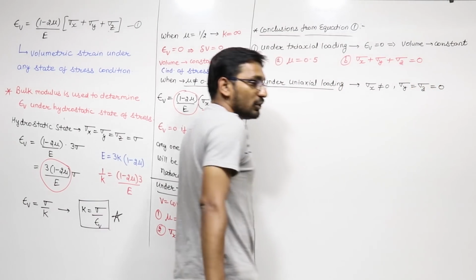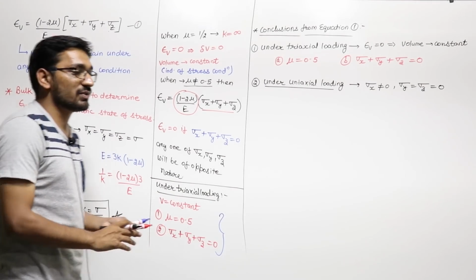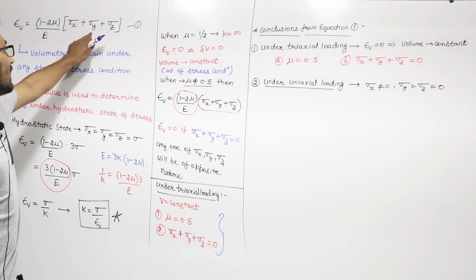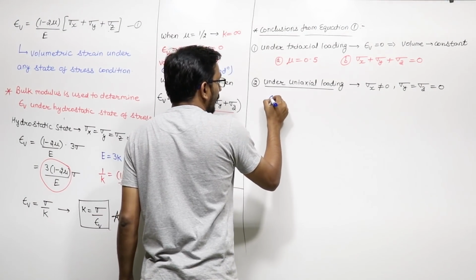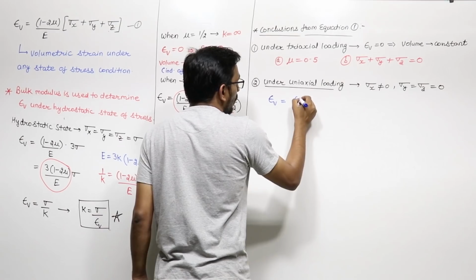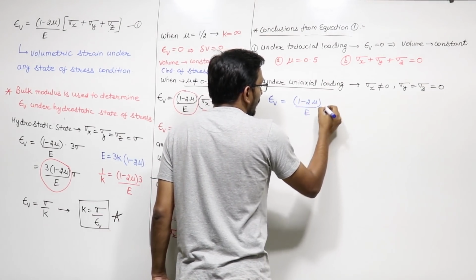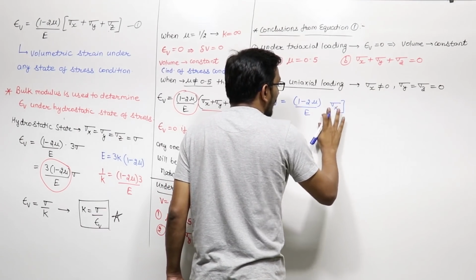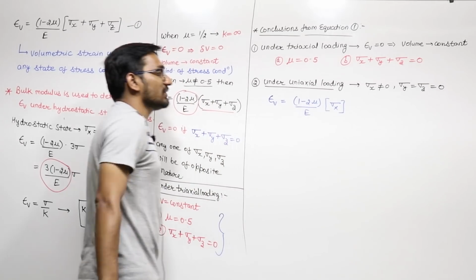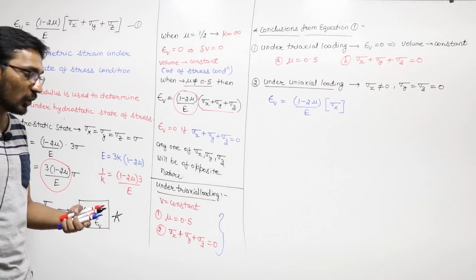That is, the normal stress on the y and z axes is 0. So if I put sigma y and sigma z as 0, then the volumetric strain will be equal to (1 minus 2 mu) upon E into sigma x. This is the volumetric strain under the uniaxial loading case.